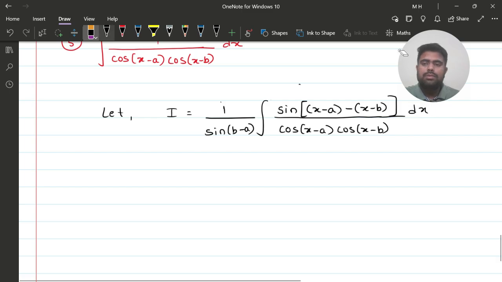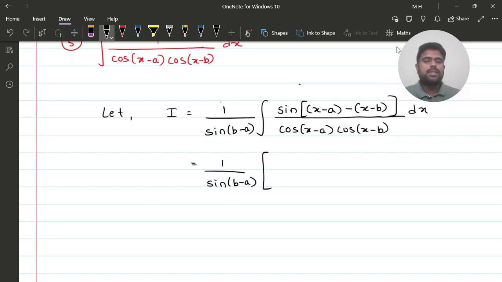Okay, now you can see the magic. This is equal to 1 by sin of b minus a into, what is sin x minus y? sin x cos y minus cos x sin y, right?